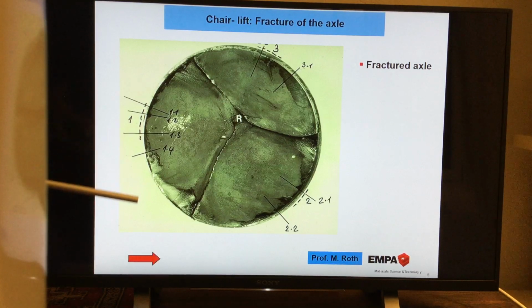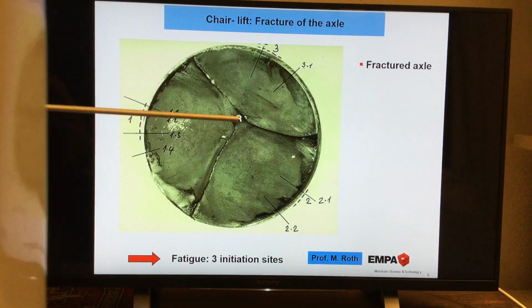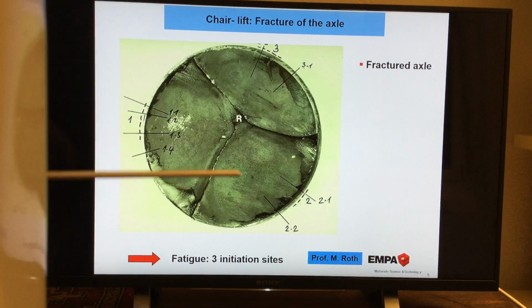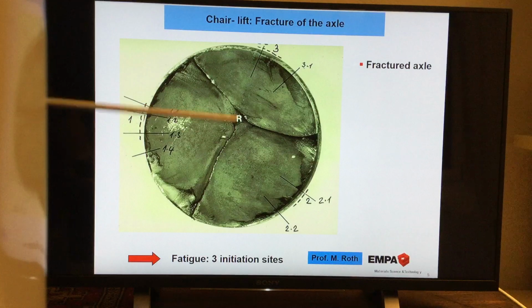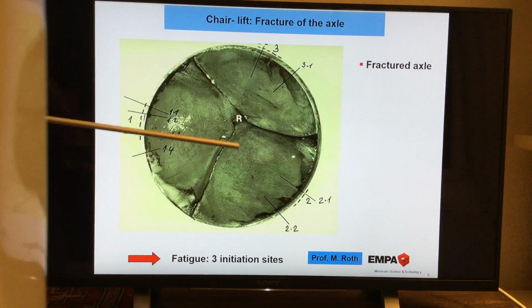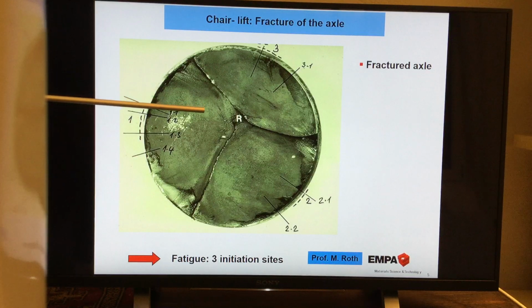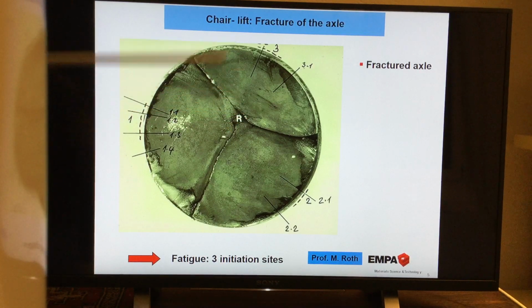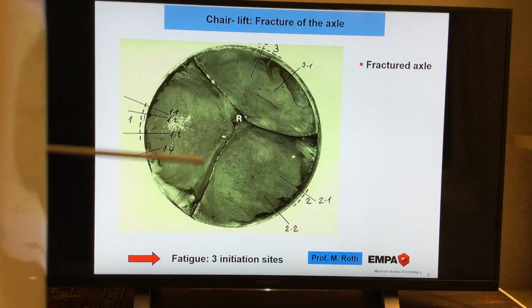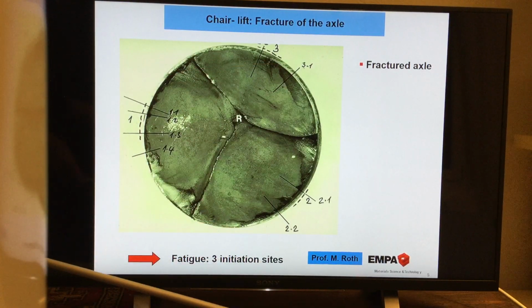And what we see here is our final fracture. Now this is very crazy, huh? When we think that this very big component has only this very, very small final fracture. That means that during running, maybe a few days before, it was still running and the stress was taken over by only this very, very small part. So the original nominal stress on this component was very low.